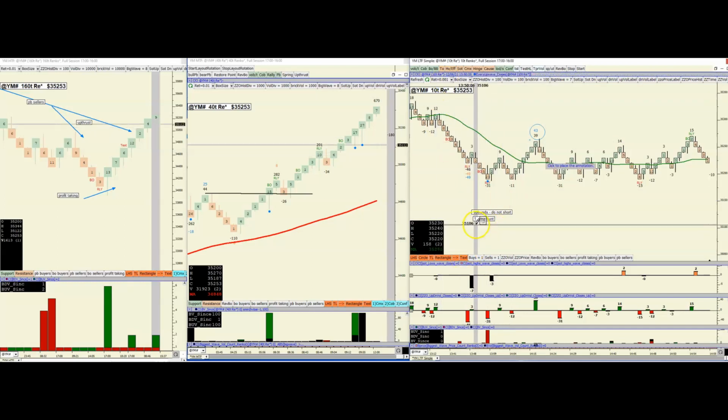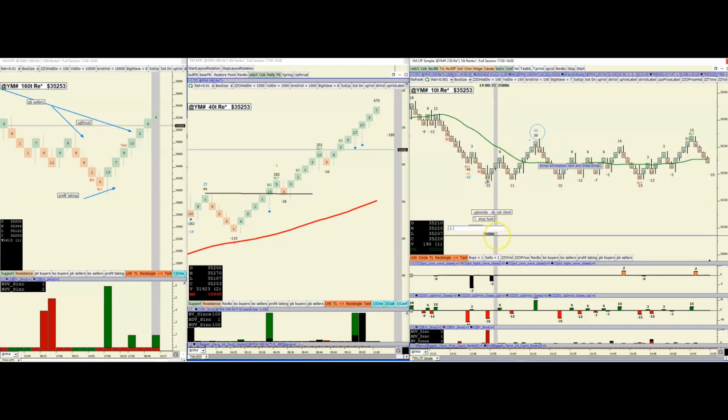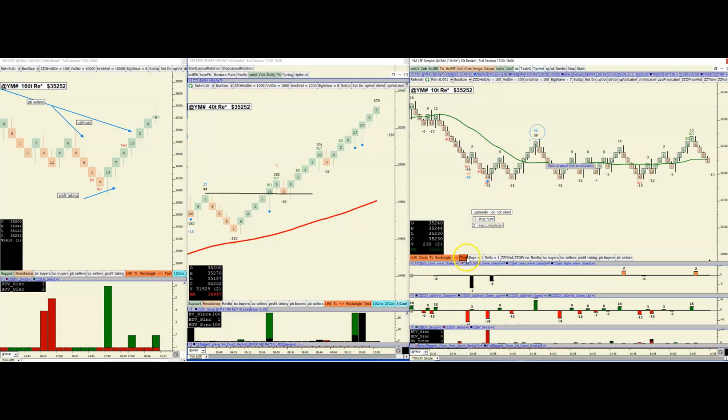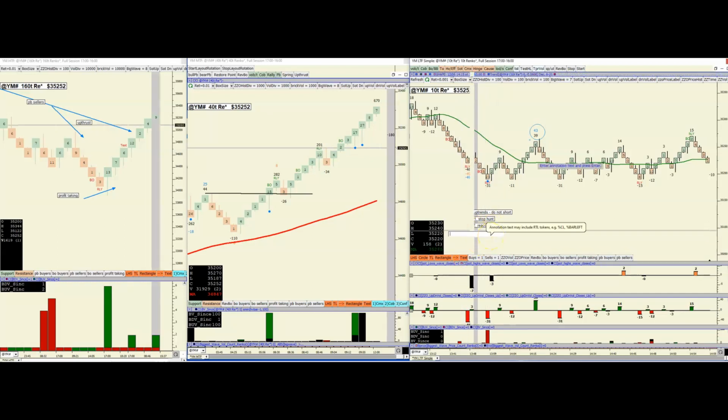It can be going to support for the purpose of reaccumulation. And the third, which I'm going to show, is to take prices higher by inducing short covering.